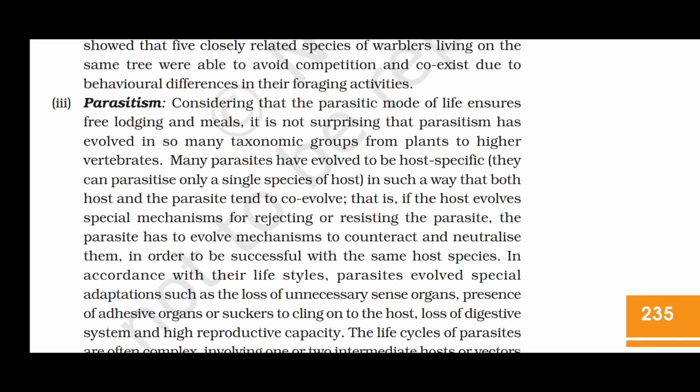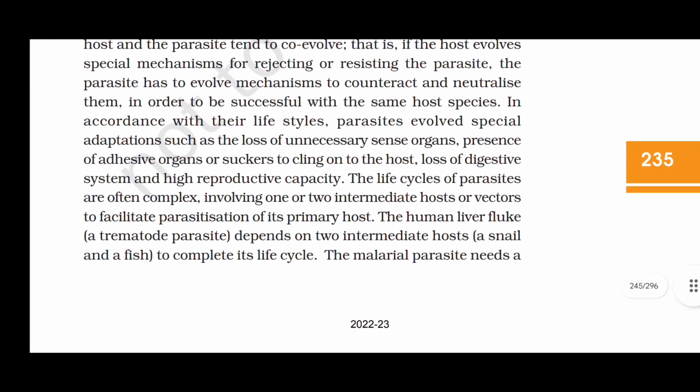In accordance with their lifestyle, parasites evolved special adaptations such as loss of unnecessary sense organs, presence of adhesive organs or suckers to cling onto the host, loss of digestive system, and high reproductive capacity.